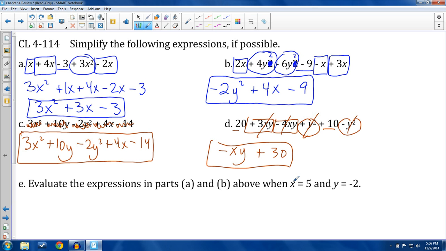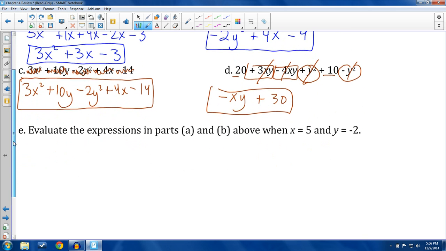That being said, I'm going to go ahead and choose x equals 5, y equals negative 2 into my simplified versions. They're simplified for a reason. They should be easier to work with. So I'll go ahead and plug in 5 for x here. I get 3 times 5 squared plus 3 times 5 minus 3. Notice, I'm not going to do 3 times 5 first to get 15.